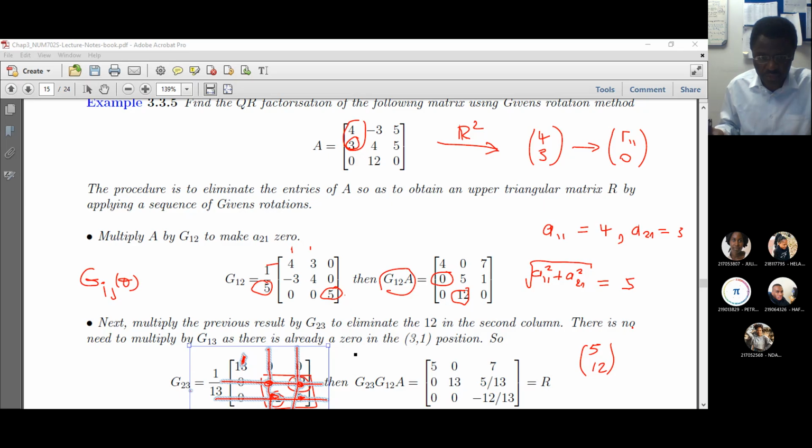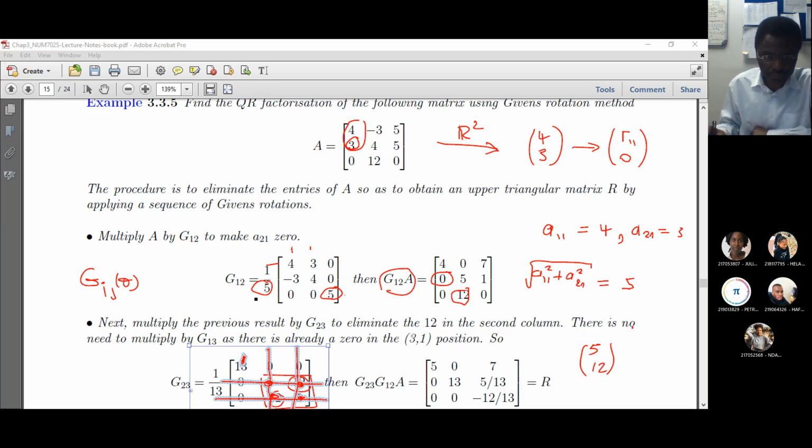So this is the purpose. And to do that, we need to apply Givens rotation to A. And that is done by applying a certain Givens rotation to A in order to obtain this. Right. That's the idea.